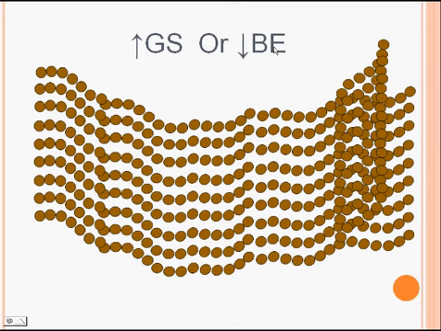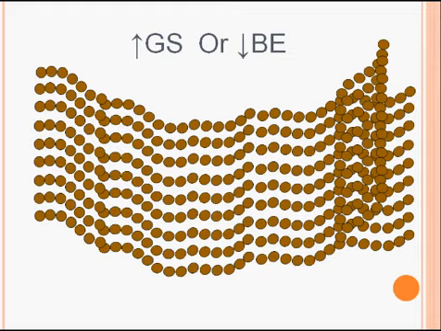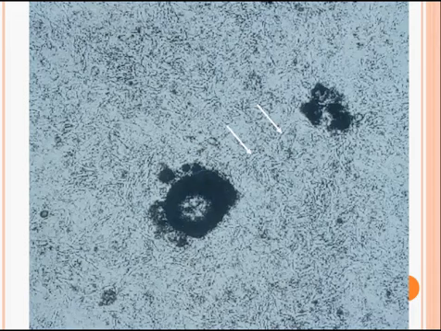Either of these will lead to the formation of polyglucosans instead of normal branched glycogen. This is an electron micrograph of a polyglucosan body, and you can see these filamentous unbranched polyglucosans in a mass in this body.